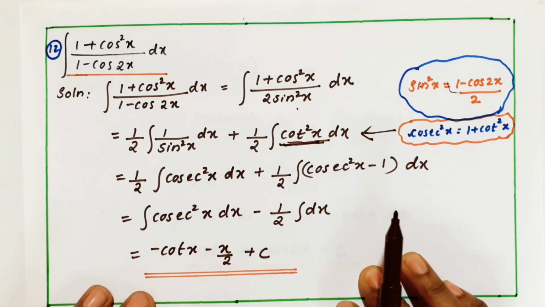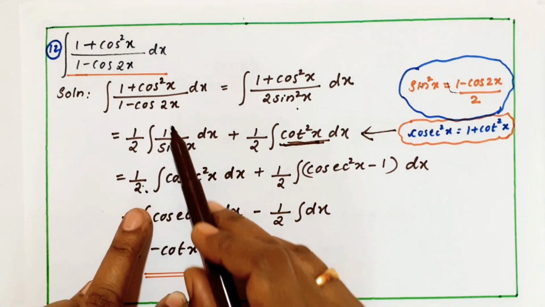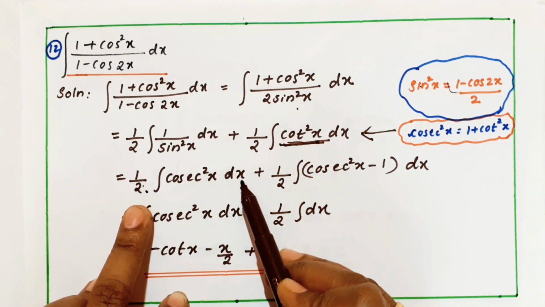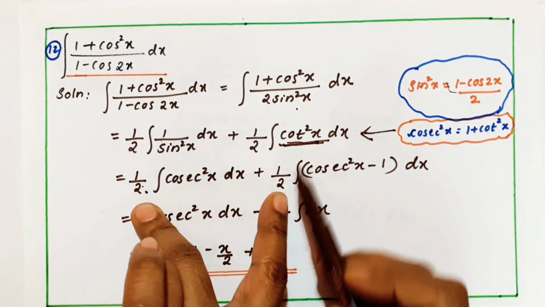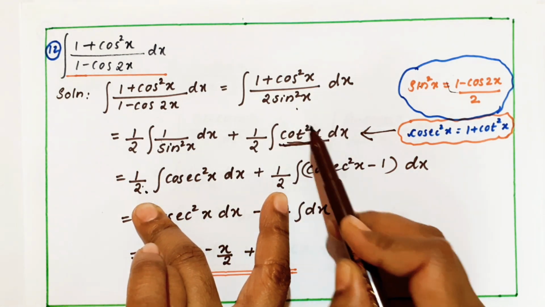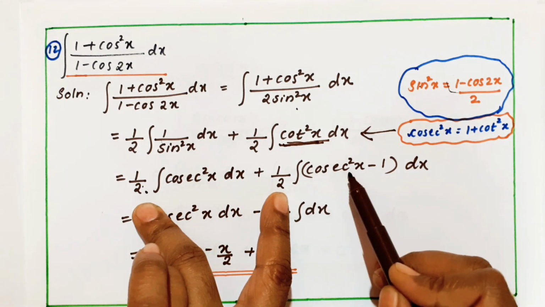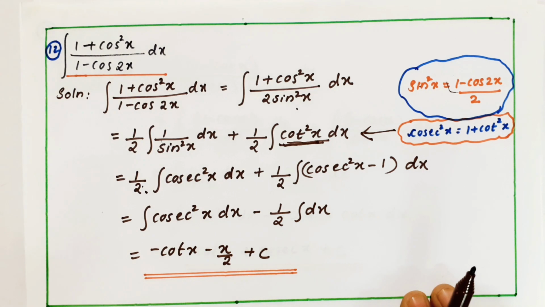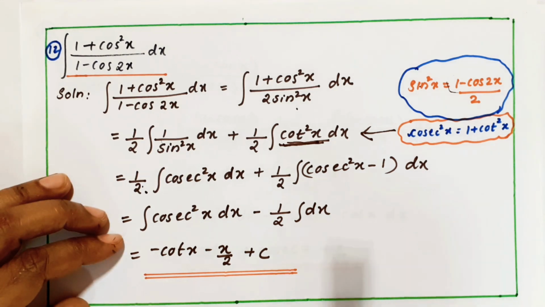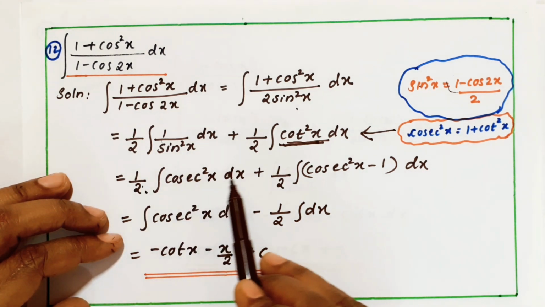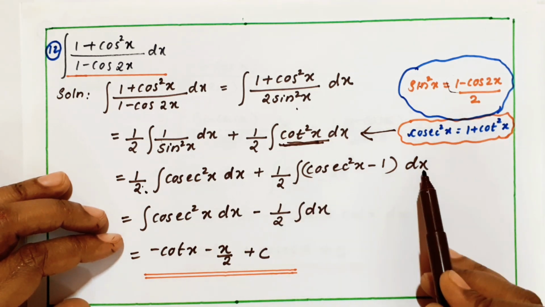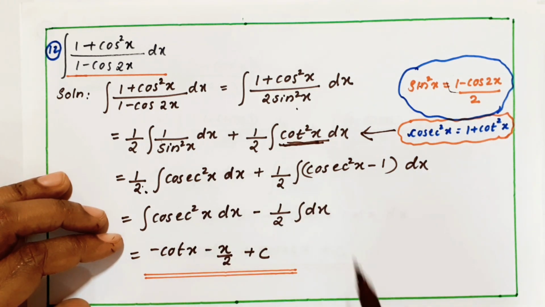So look at the term again. 1 by 2 constant, 1 by sine square x I can write as cosec square x dx, plus 1 by 2 cot square x you can write as integral of cosec square x minus 1 dx. After this, if you look at the terms, this is half integral cosec square x dx. This also half integral cosec square x dx. So half plus half will be 1.